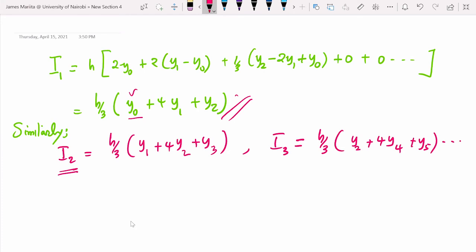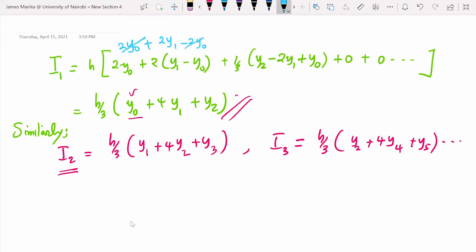Which one now? Come on, look at this. This is 2y naught minus 2y naught, right? So y naught and y naught will disappear.